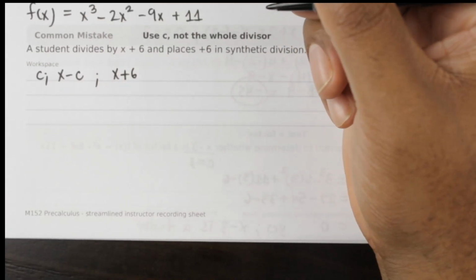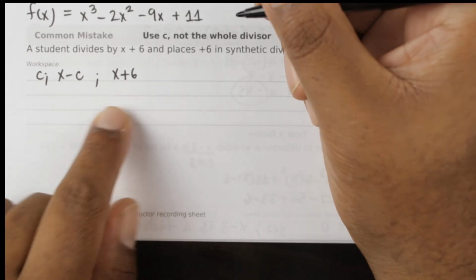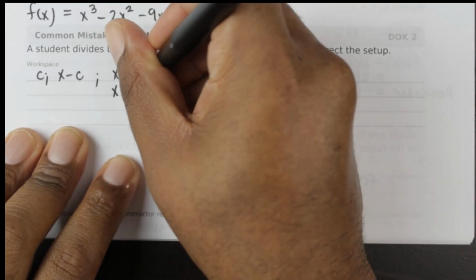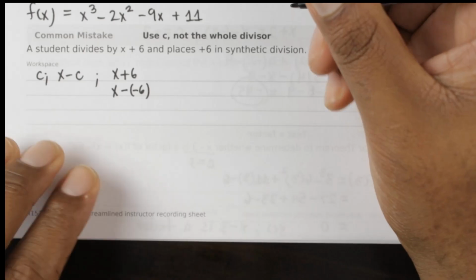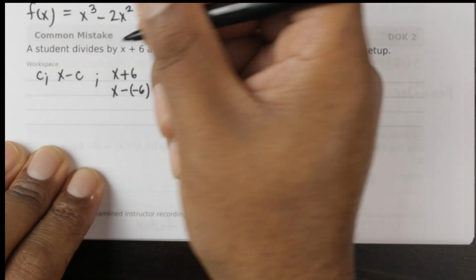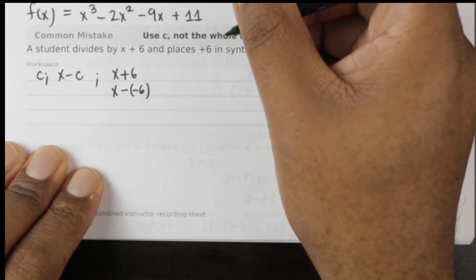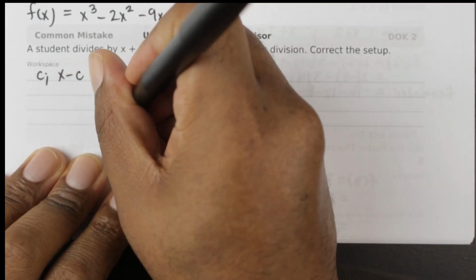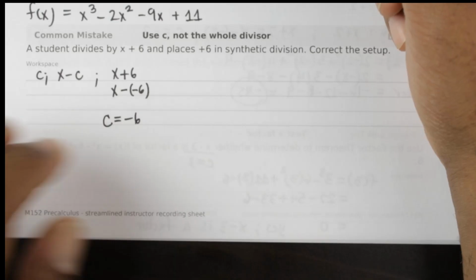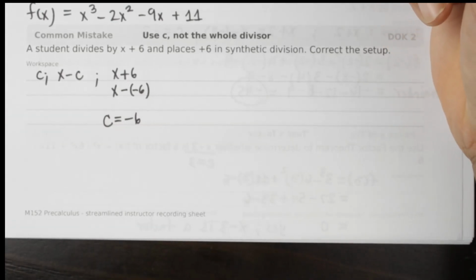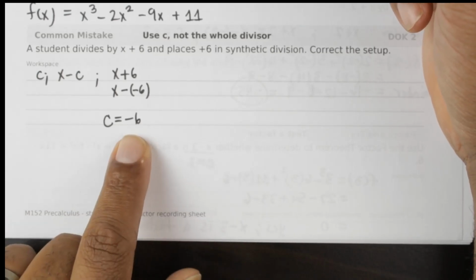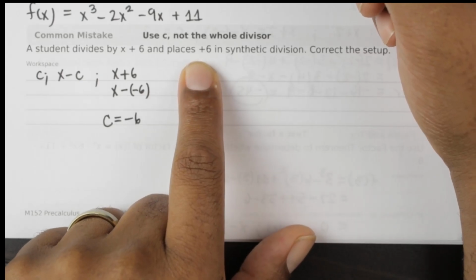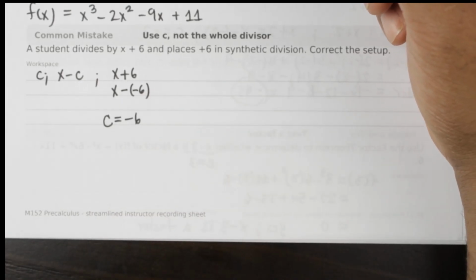So we need to rewrite that as x minus negative 6. Which is c equals negative 6. So the number placed in synthetic division should be negative 6, not positive 6. So the sign changes because x plus 6 means x minus negative 6.